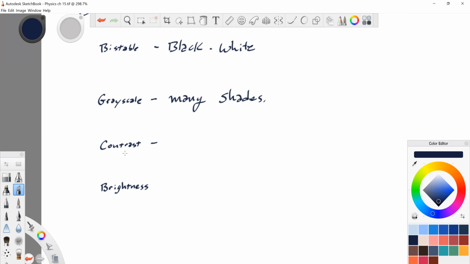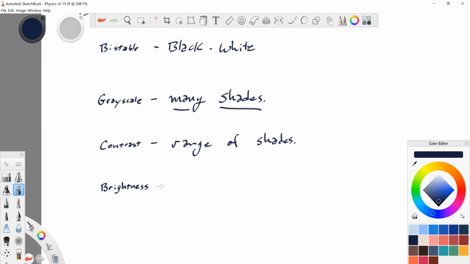Therefore, something with many shades would be low contrast. So, range of shades. We're going to come back to this concept because we're going to talk about ranges again.